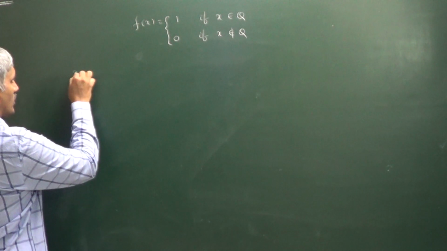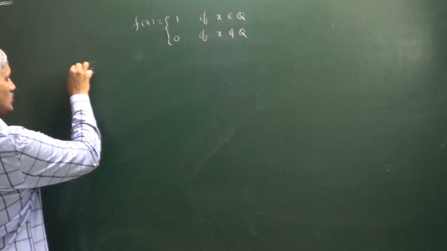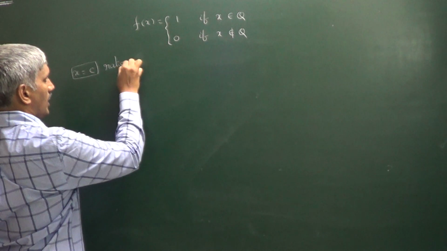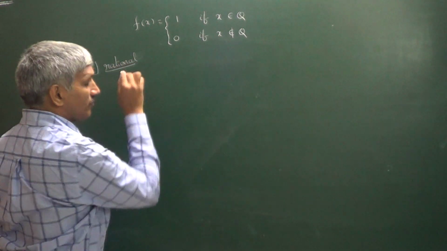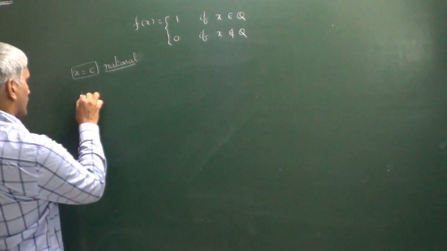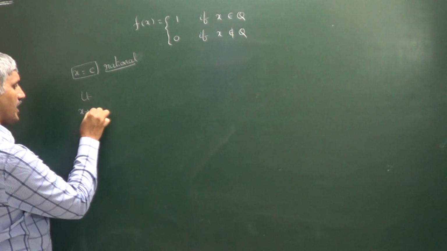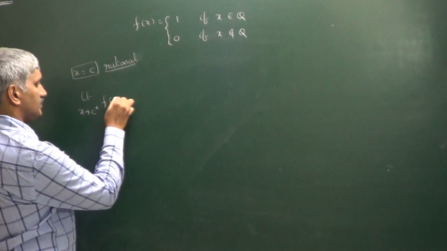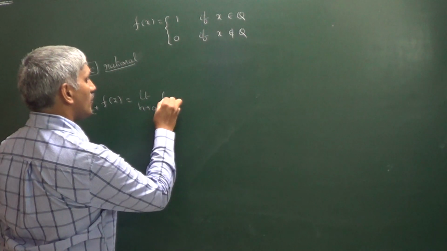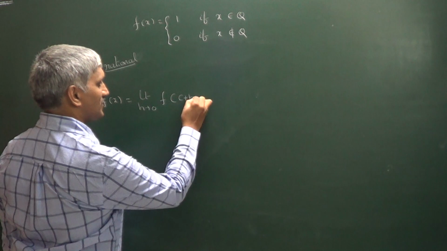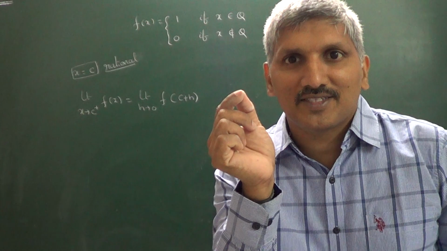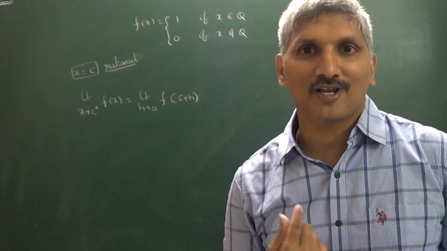So what to do? First of all, I am checking x equal to c, where c is an arbitrary rational number. First of all, the right hand limit, x tends to c plus of f of x, that is equal to limit h tends to 0 of f of c plus h. C is a rational number, but c plus h may be rational, or may be irrational.